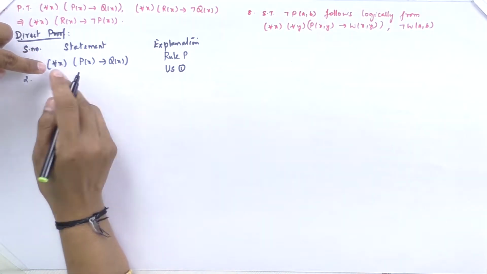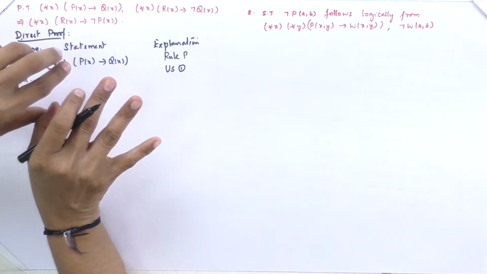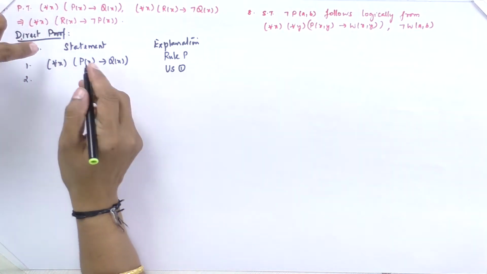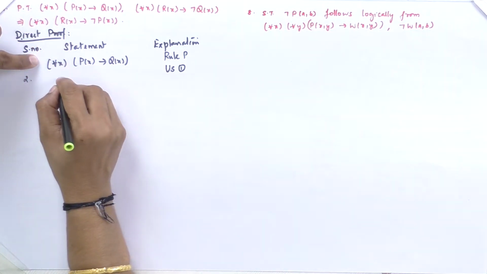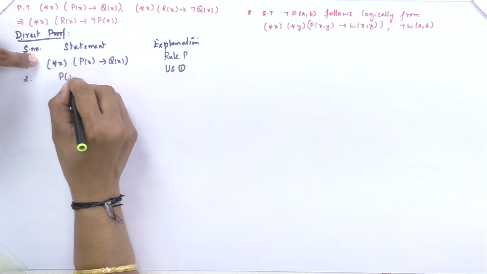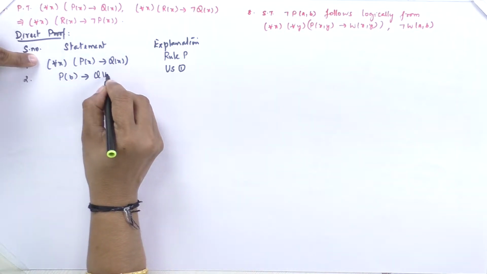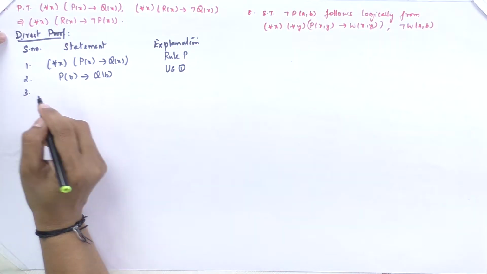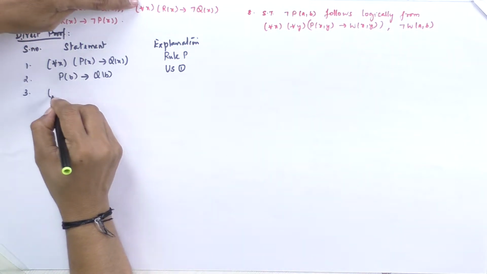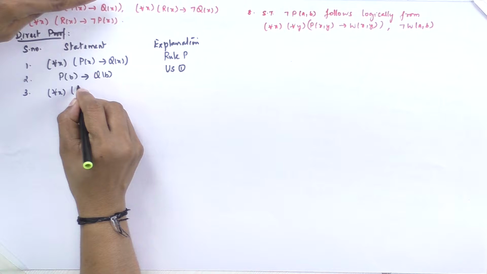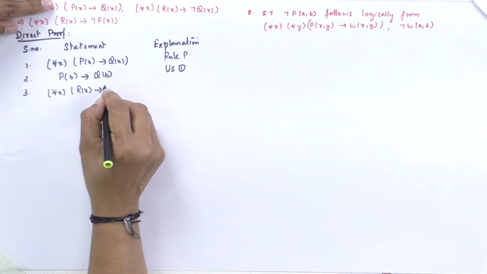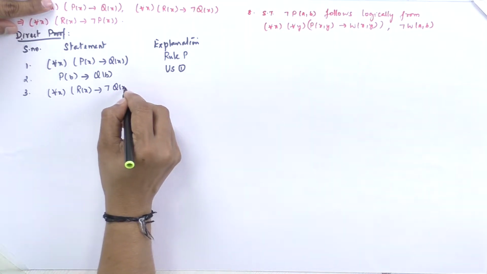Which means that from the generalized one, we will be pertaining to one single object. So I will be changing this x also. Instead of this, I can have it as p of b conditional q of b. And now we can go for the next premise, that is for all x r of x conditional negation q of x.